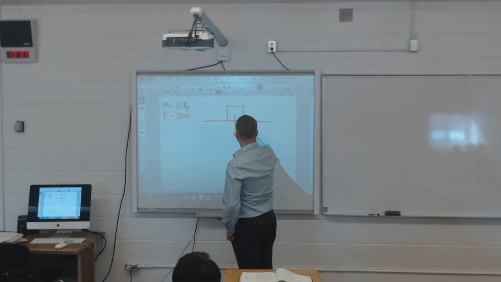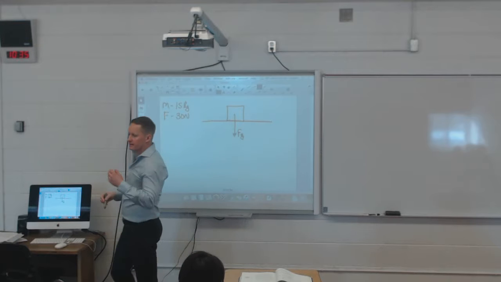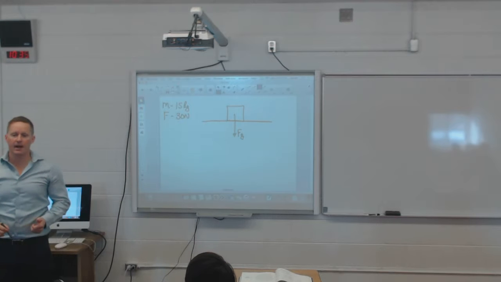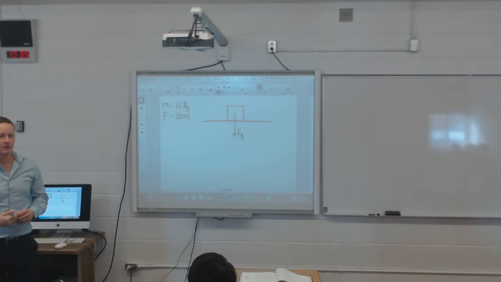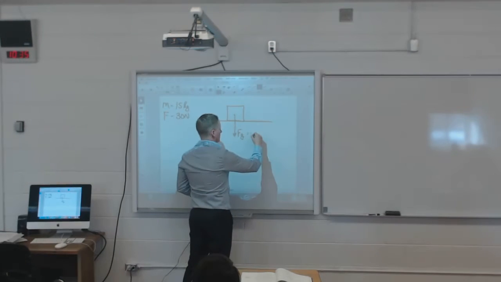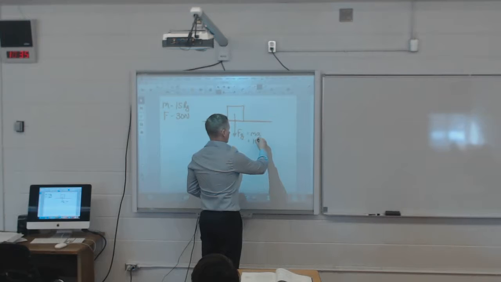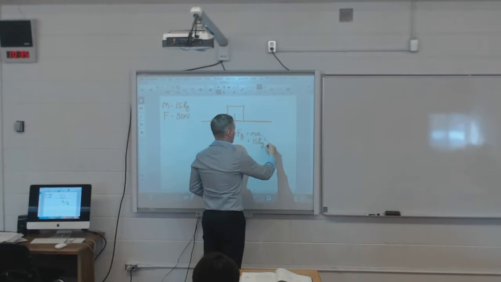Now we haven't done this, so let's do it right now. Let's calculate what the actual force of gravity is. So again, force is equal to mass times acceleration. Well, what's the mass of this object? 15 kg.